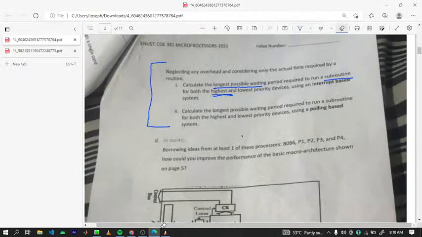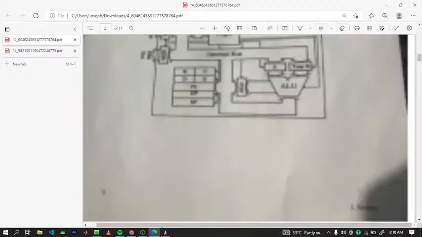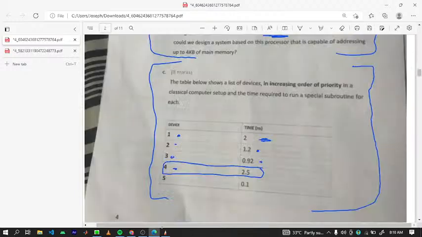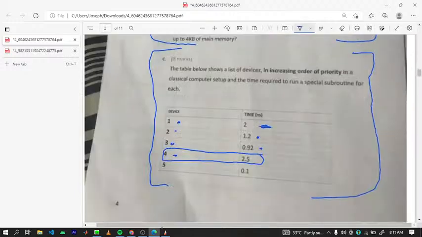So we look at the question again. We look at it this way. You say, looking at this, what is the sample space if I am the highest? The highest priority is device five. I hope you know that's in the question. So device five, what's the longest time device five will have to wait? Well, if device five comes when device one has started the process, it has to wait 2 seconds.